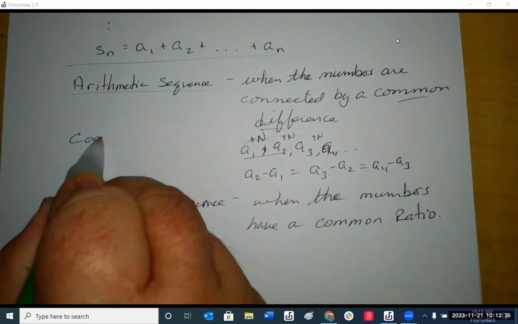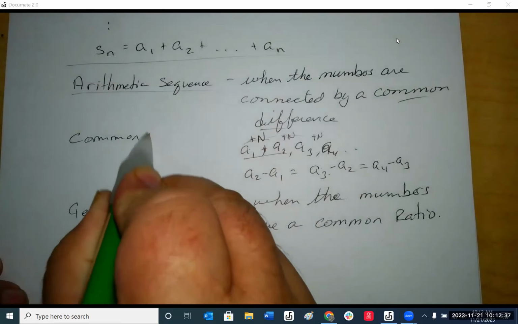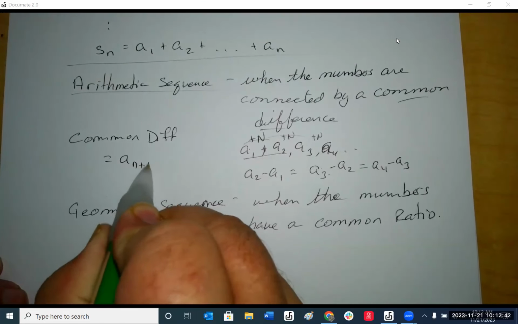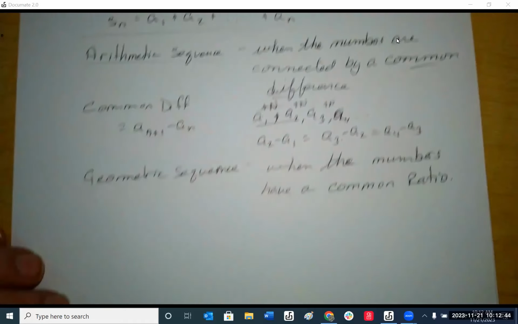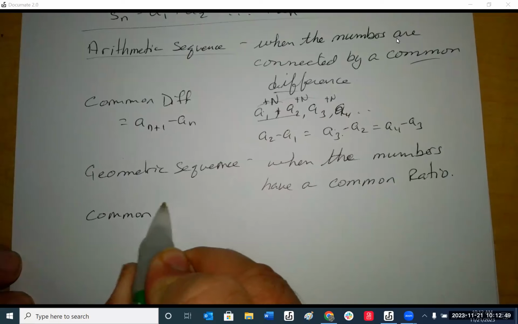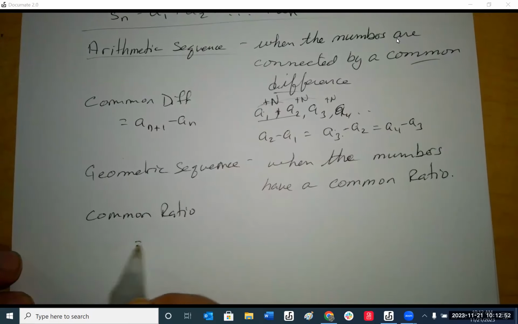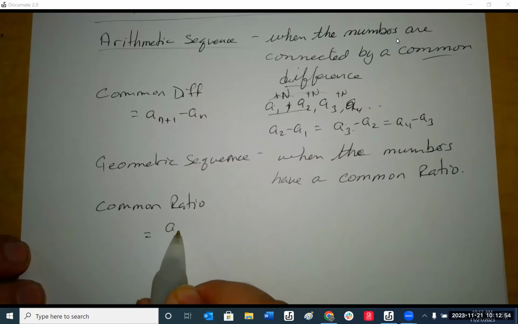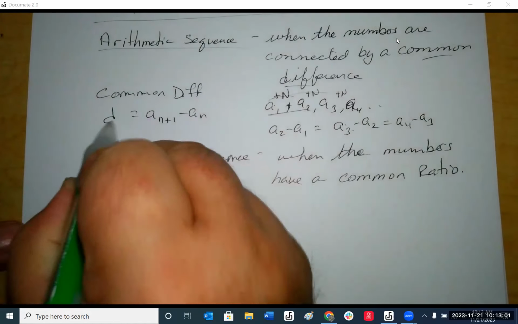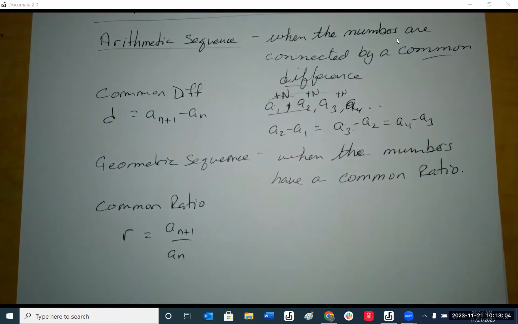So the common difference is simply a sub n plus 1 minus a sub n. The common ratio is a sub n plus 1 over a sub n. That's the ratio. This is the difference. It'll be important for us to find that common ratio in order to start solving all of these.